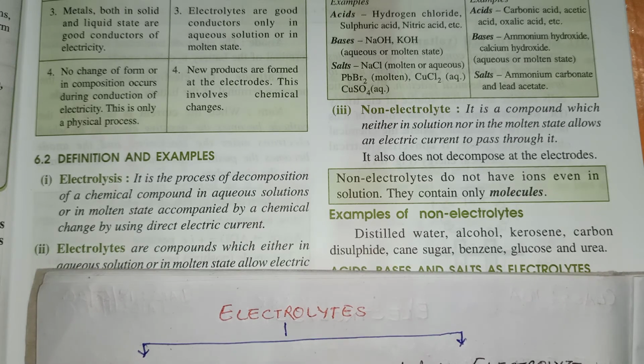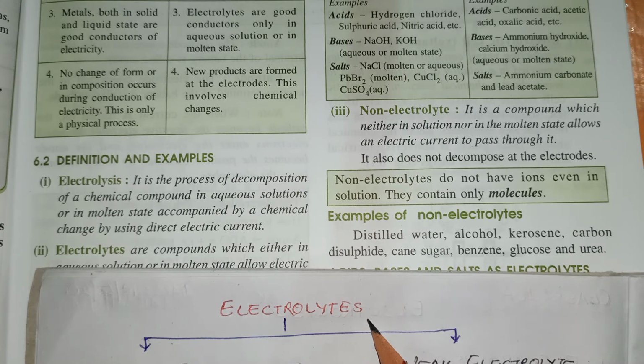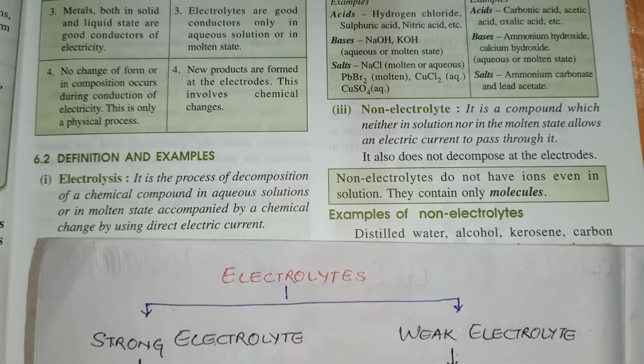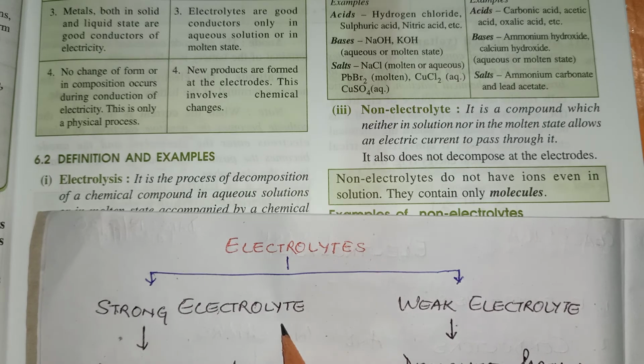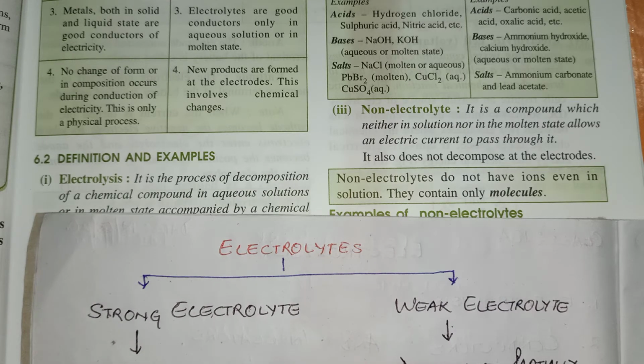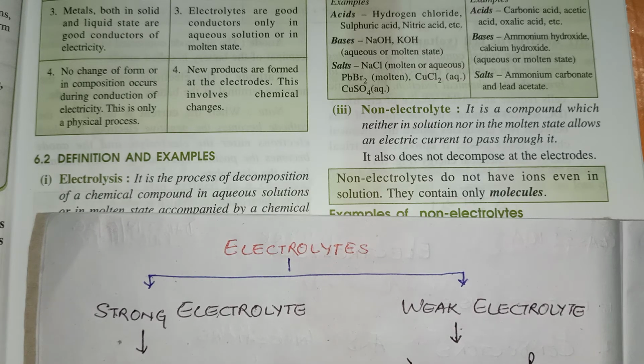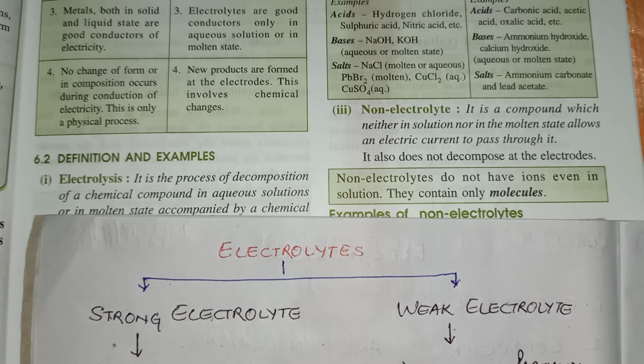Now let us see types of electrolytes. There are two types of electrolytes: strong electrolytes and weak electrolytes. Let us try to understand these two terms.